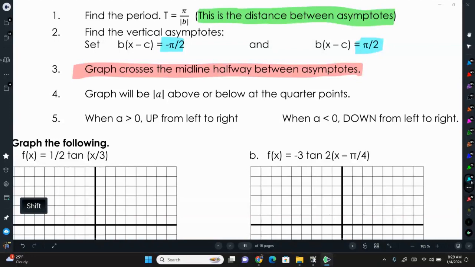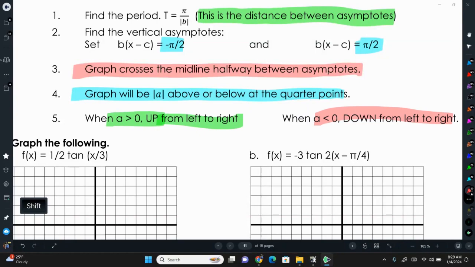Now, the quarter points between the two asymptotes, or halfway between our midline intercept and our asymptote, the graph will be the absolute value of a, or amplitude, above or below the midline. When a is positive, we go up from left to right, and if a is negative, we go down from left to right.